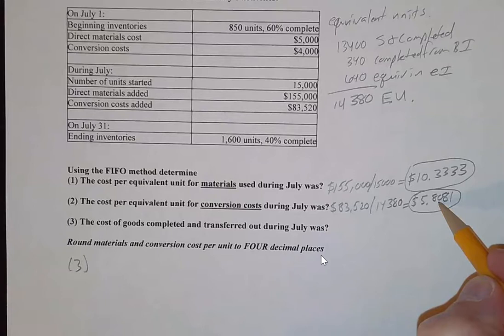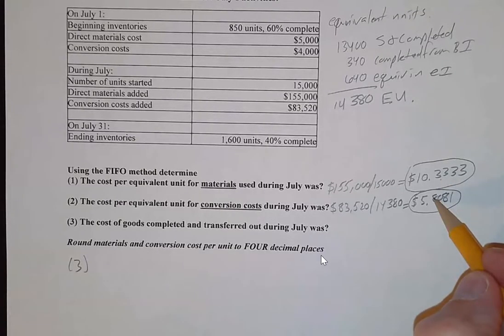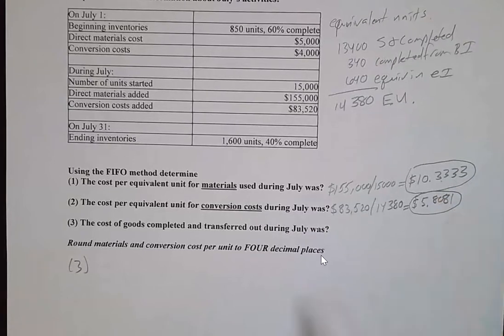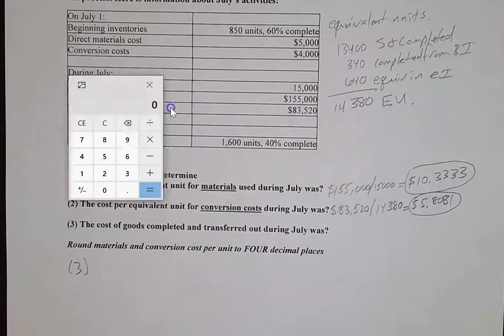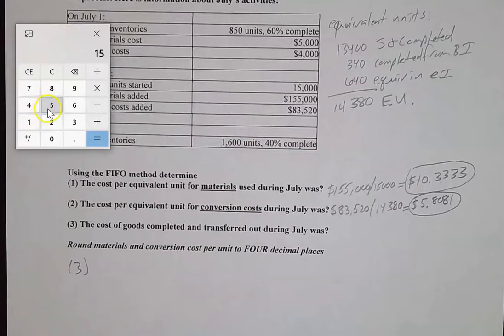However, we're going to be multiplying each of these numbers by a different figure. For materials, all we have to do to come up with that figure is take the 15,000 that we started and subtract the number that we can't transfer out, which is 1,600. And that's going to give us this 13,400 for materials.